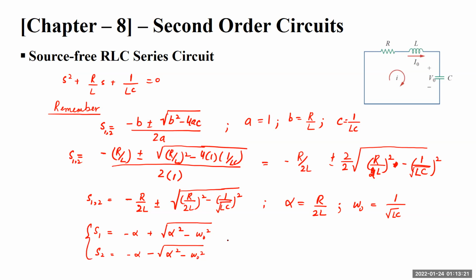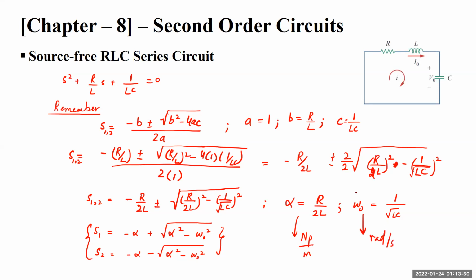So these are the two values, and we can always put them in terms of R and 2L as well. It depends on you how you are going to solve it and how you are going to use it. Again, remember the units: alpha is generally given in nepers per second, and omega naught is generally given in radians per second.